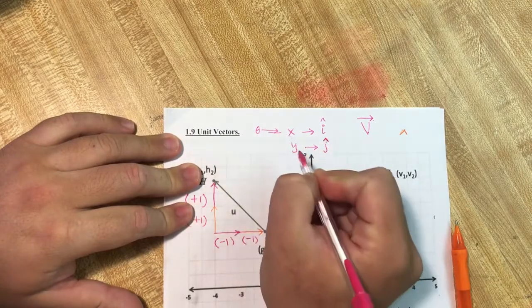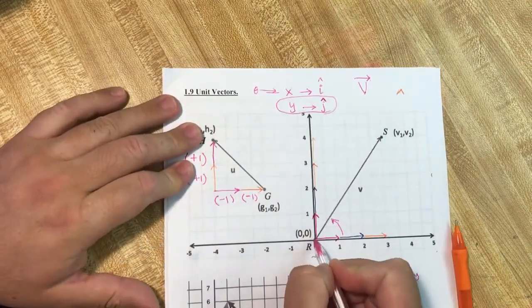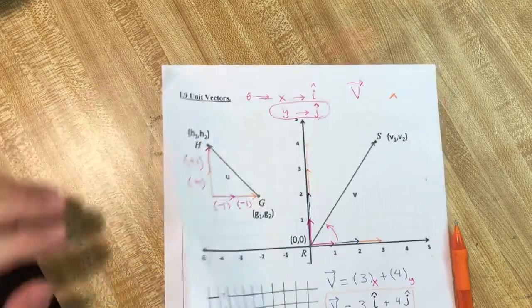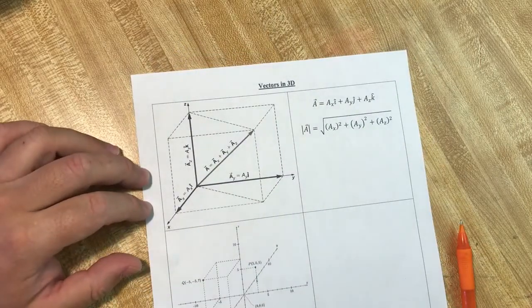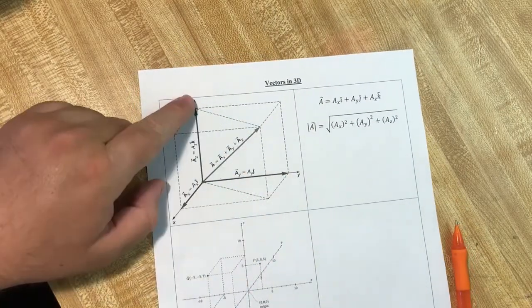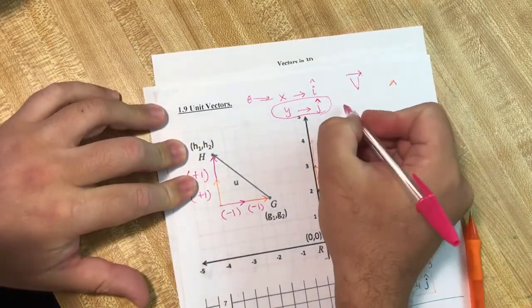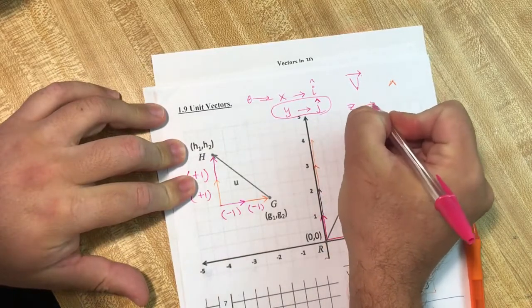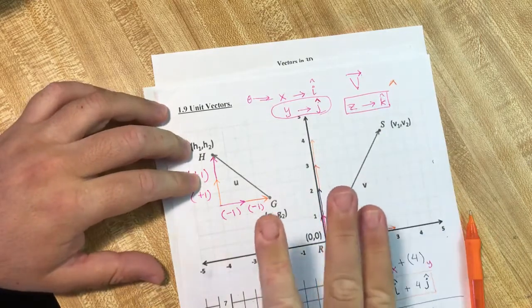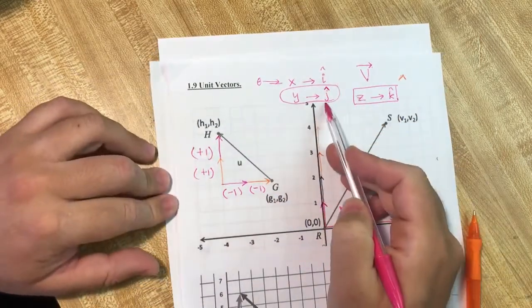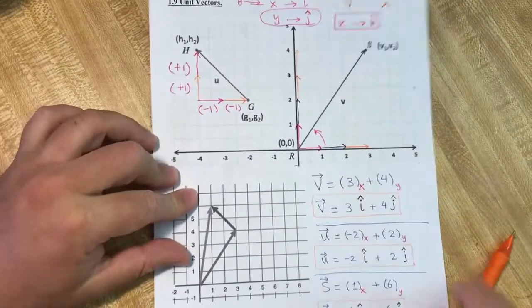This j hat, the angle of j hat with the y direction is 0. Also, in our life we have 3 dimensions: x, y, and z. So in the z direction we will use k hat. So we have 3 unit vectors i, j, and k. It will be easy to use them. We will see that in the examples.